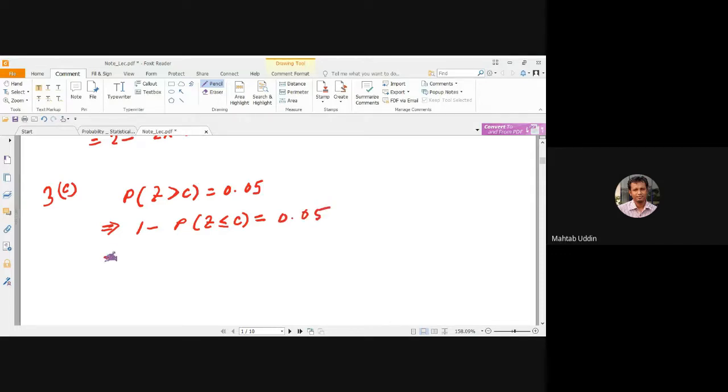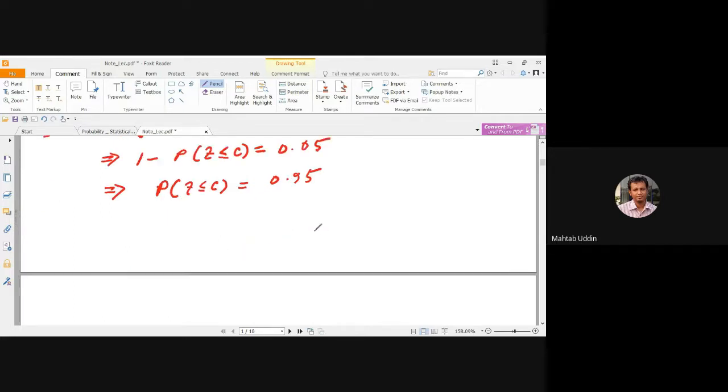Then we can find phi of C, that is probability Z less than or equal C, is equal to 0.95.